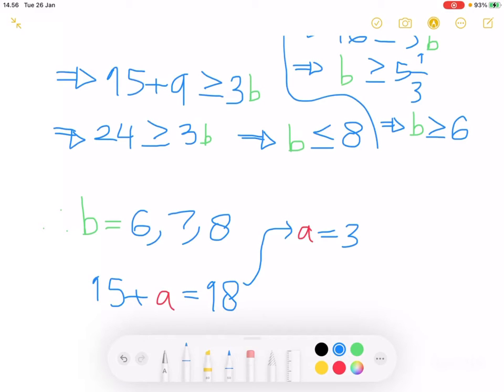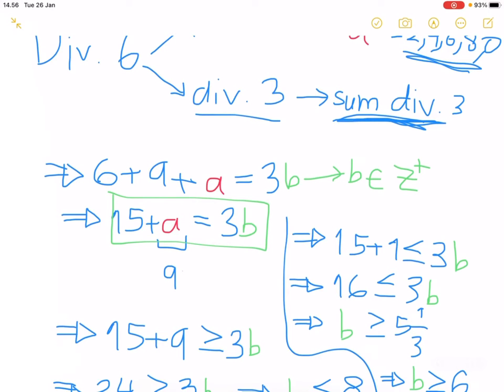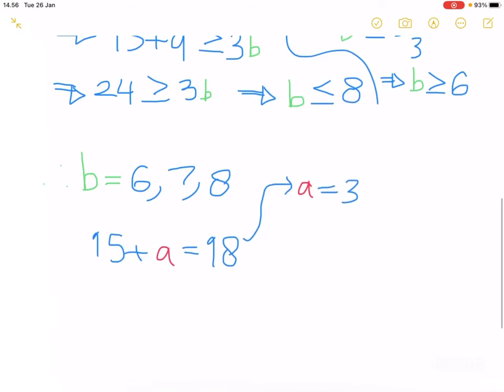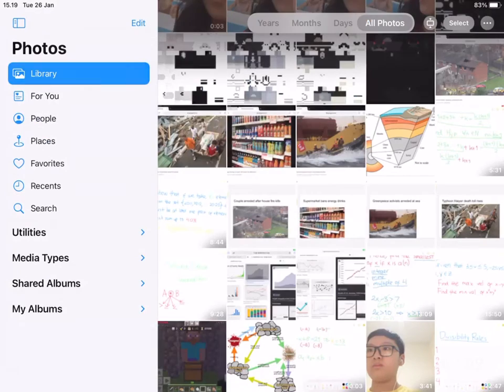For the next one, we substitute b equals 7, and in this case we have 15 plus a equals 3 times 7, which is 21. And then we can quickly check that a must be equal to 6. And then checking out b equals 8, we can quickly get our a.